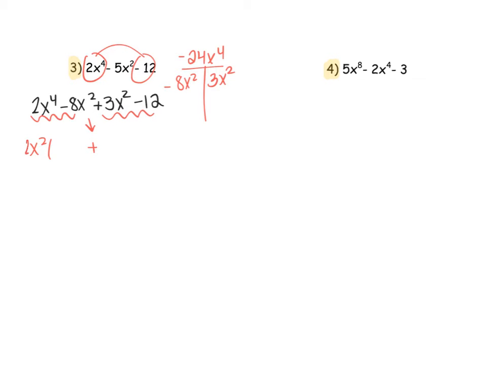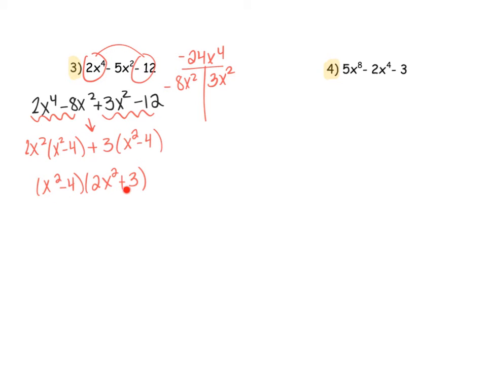So you were left with x squared minus 4. Second two terms, I took out a GCF of 3, and I'm left with x squared minus 4. So x squared minus 4 and 2x squared plus 3 is my semi-final answer.